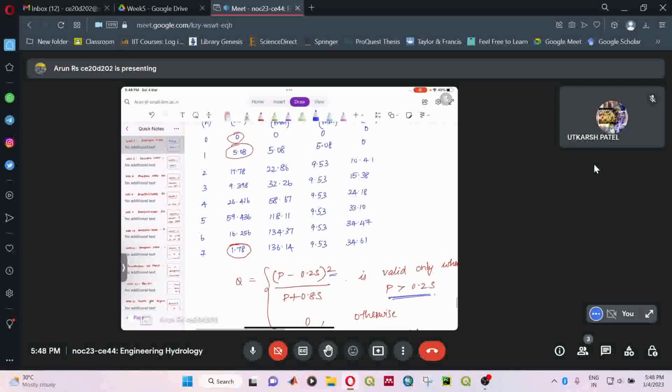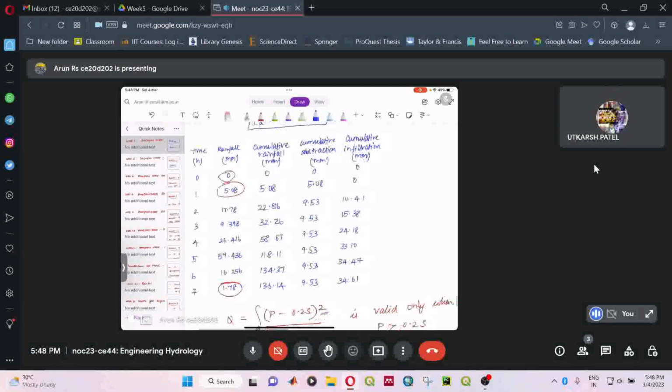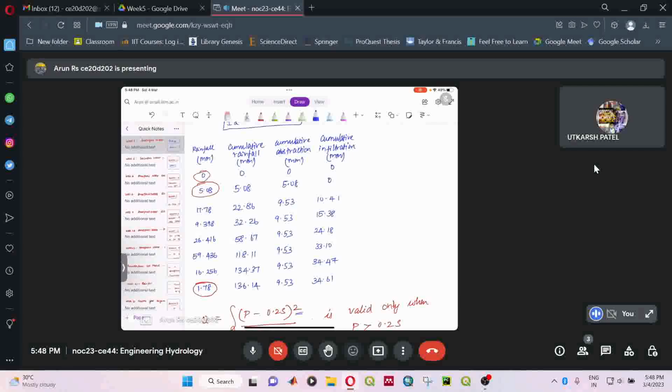Got it, sir. Now, once we have the cumulative infiltration, we can find the incremental infiltration also. Incremental infiltration is nothing but the difference between these two.